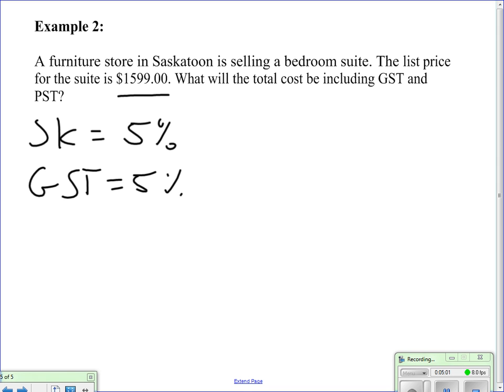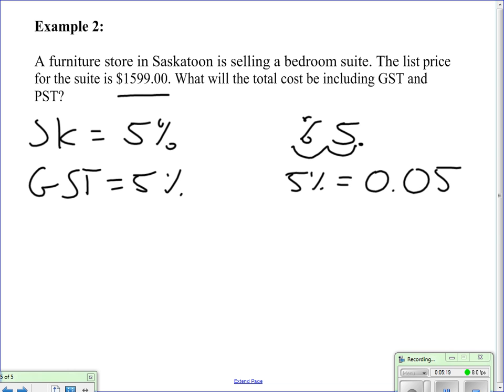So let's calculate what the sales tax would be, and then we'll add it into the total price. If I look at 5%, remember I do the same thing. I take my decimal and move it over 2 spots. So in this case, 5% is going to be the same as 0.05.